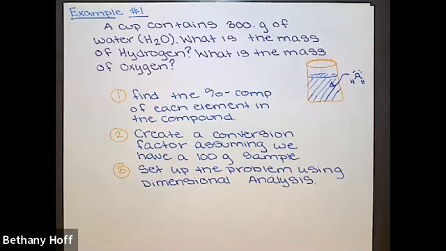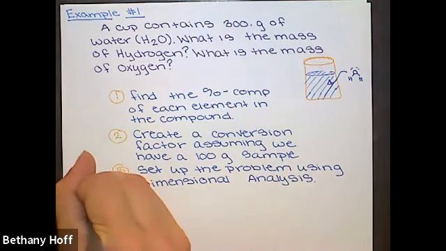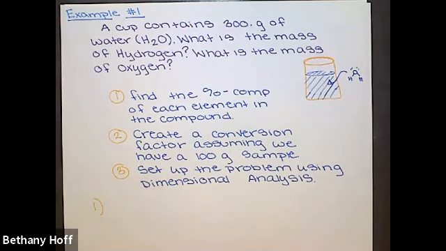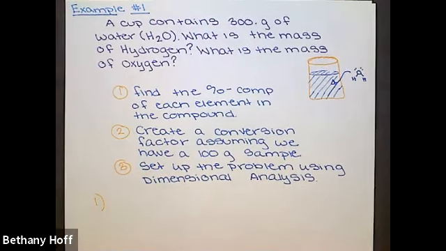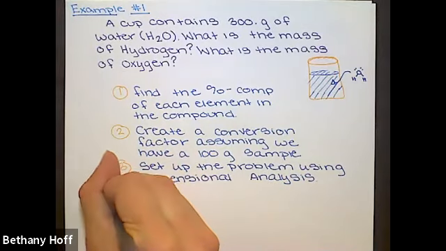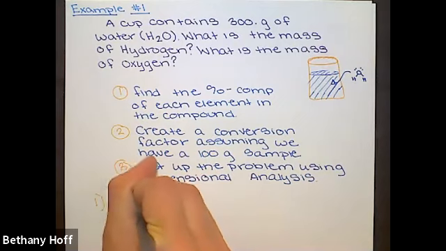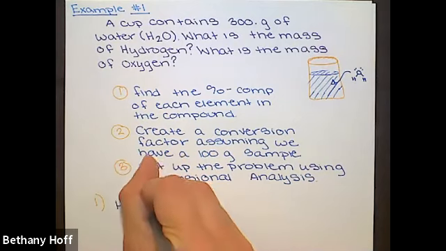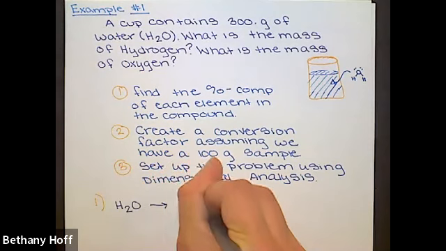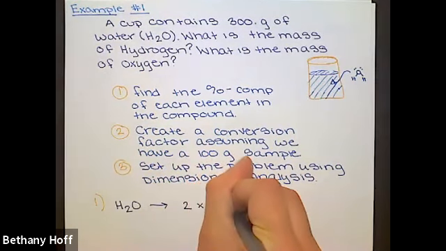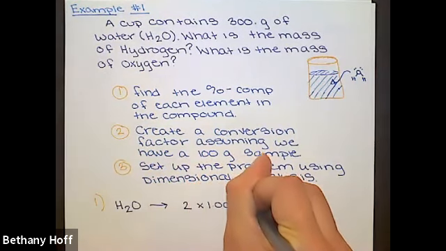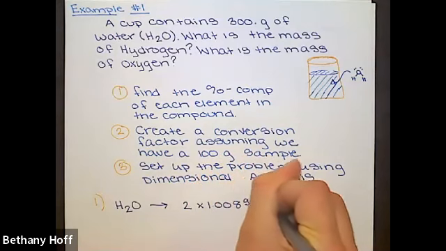So again, the first step, step number 1, is we're going to find our percent composition of water. So my first step is to find the molar mass of the entire compound. When we look at this, it is composed of 2 hydrogens, and each hydrogen has a molar mass of 1.008 grams per mole.